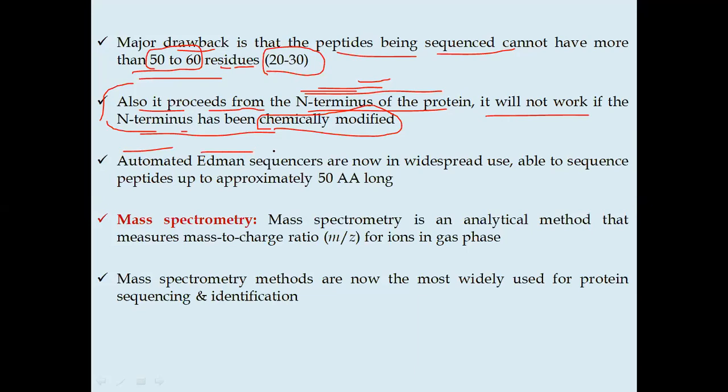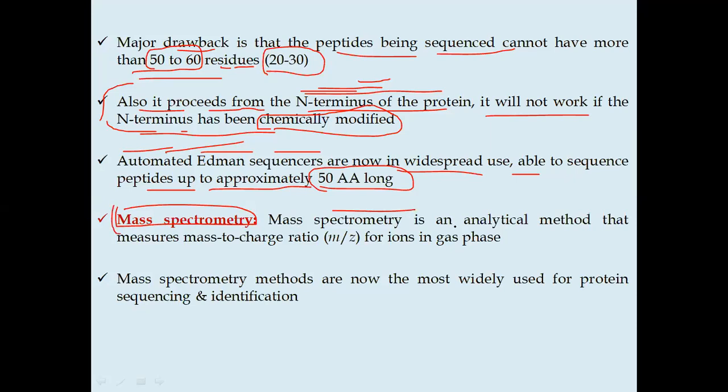Nowadays, automated Edman sequencers are in widespread use, and they are able to sequence peptides up to approximately 50 amino acids long. The next technique used for sequencing is mass spectrometry.